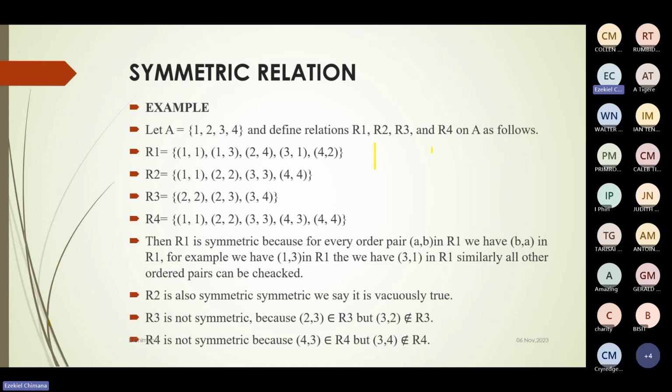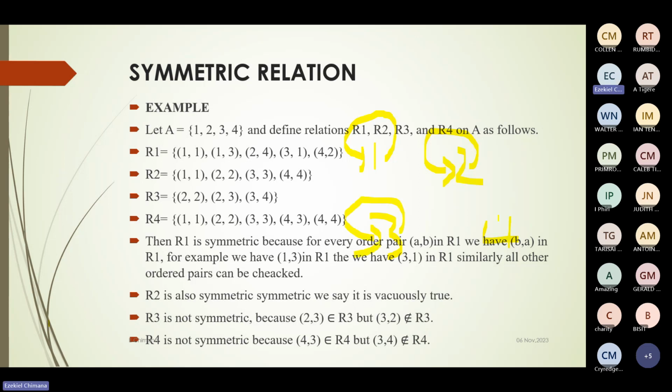We have got 1, we have got 2, we have got 3, we have got 4. And then you are saying R2, we've got (1,1), which means it's a self loop. Here it's a loop. Then you've got (2,2), which means there is a loop here. Then there is (3,3), which is also a loop.